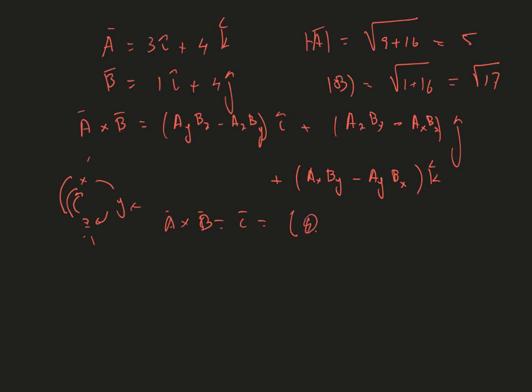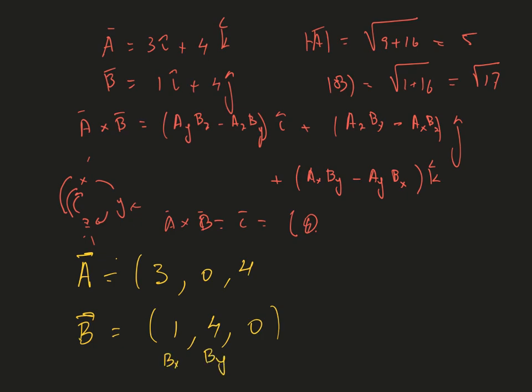Now, in order not to make any mistake, you write A like this. A is the vector that has components 3, 0, 4. And B is the vector that has components 1, 4, and 0. So this is BX, BY, BZ. This is AX, AY, AZ.